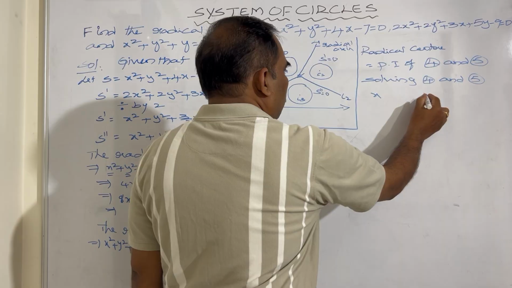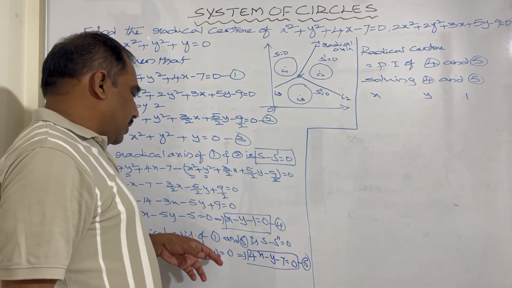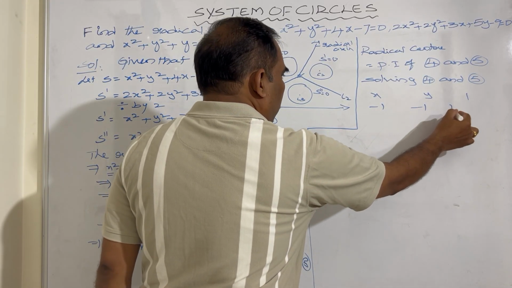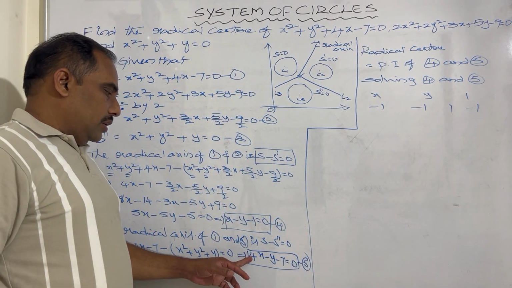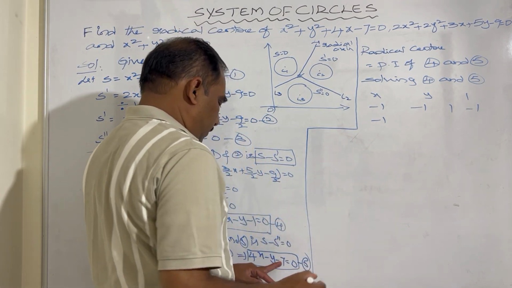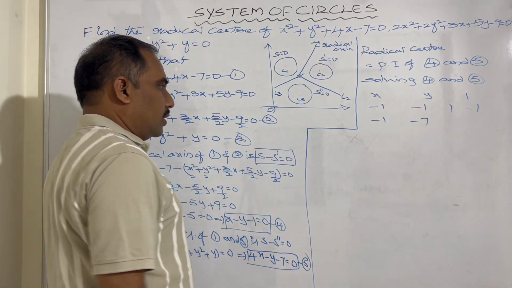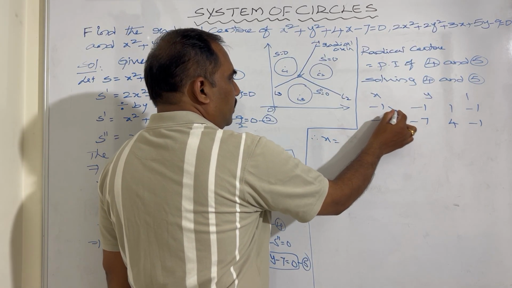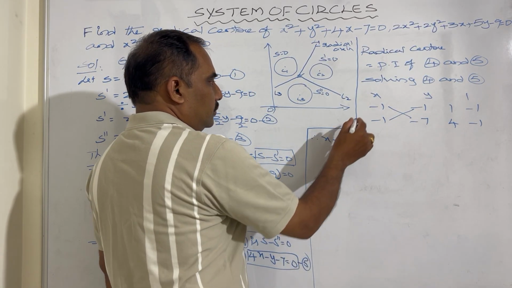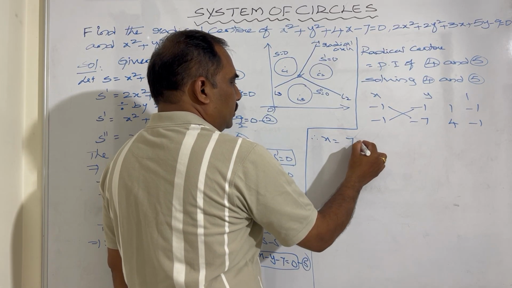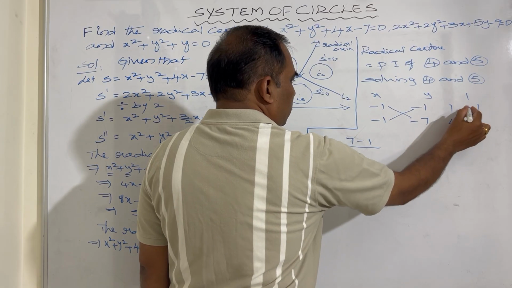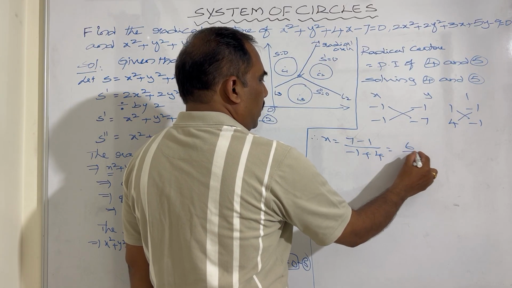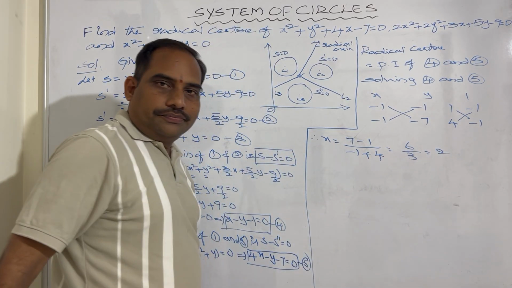So x, y, 1, solving this by the cross multiplication method, we get minus 1, 1, minus 1, then minus 7, coefficient of x is 4, and minus 1. Therefore x is equal to 7 minus 1 by minus 1 plus 4, which is 6 by 3, which is 2.